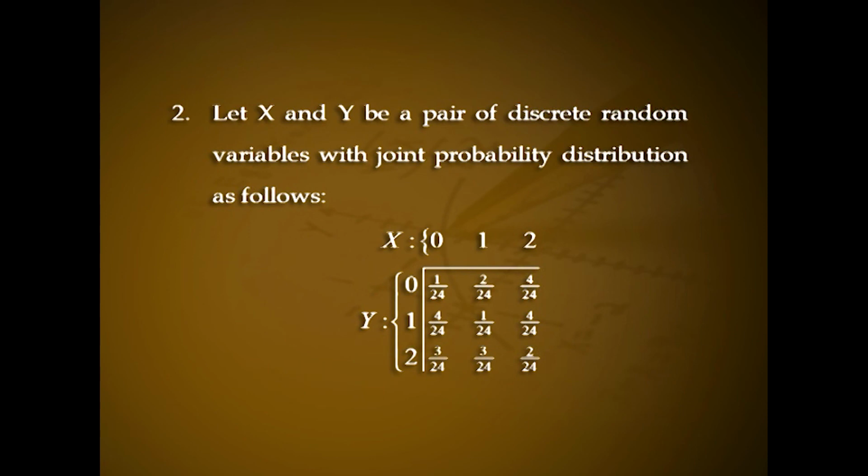Let x and y be a pair of discrete random variables with joint probability distribution as follows. X is having the values 0, 1, 2 and y is having the values 0, 1 and 2. The respective probabilities: f of 0, 0 is 1 by 4, f of 1, 0 is 2 by 24, f of 2, 0 is 4 by 24, f of 0, 1 is 4 by 24, f of 1, 1 is 1 by 24, f of 2, 1 is 4 by 24, f of 0, 2 is 3 by 24, f of 1, 2 is 3 by 24 and f of 2, 2 is 2 by 24.